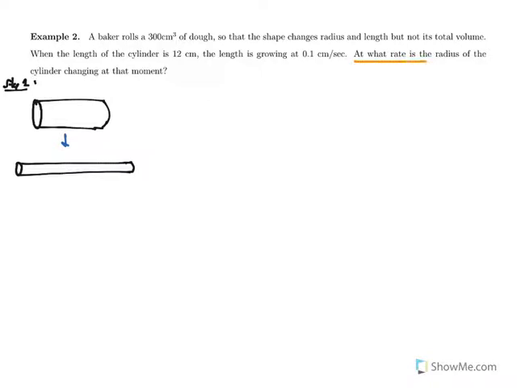The question says, at what rate is the radius of the cylinder changing? So R we're going to call the radius, and we want to find the derivative of R. We're also given a rate for L. The length is growing at a certain rate. So L we'll call the length.